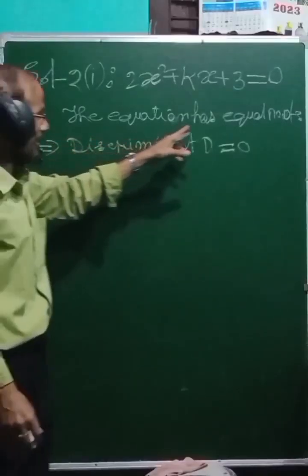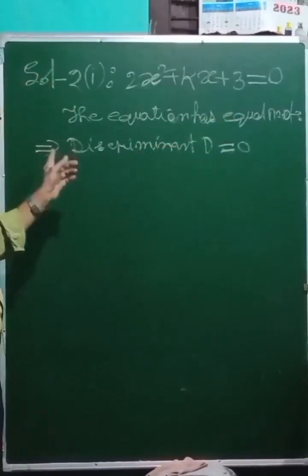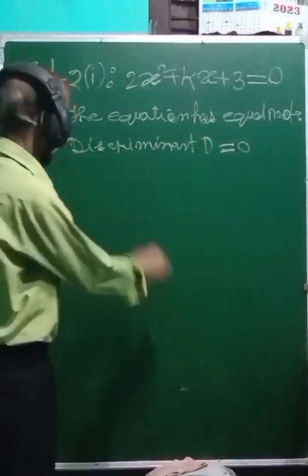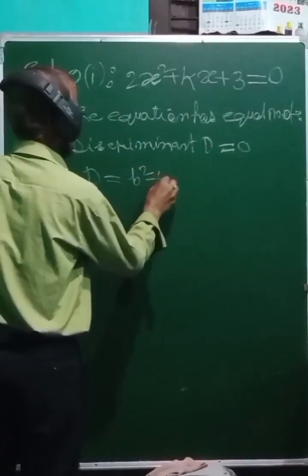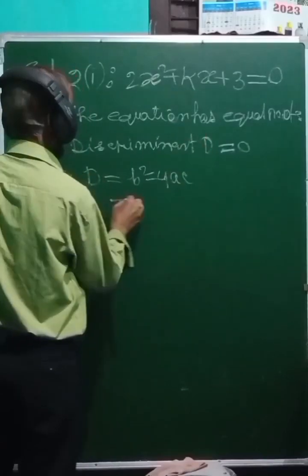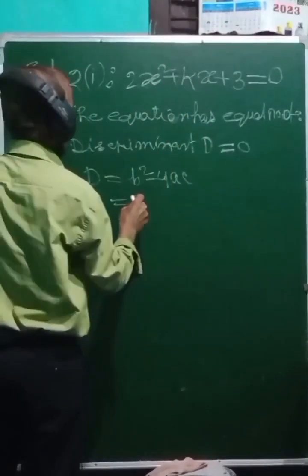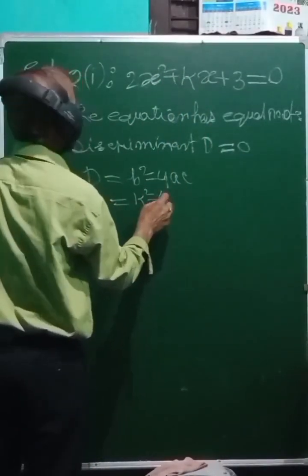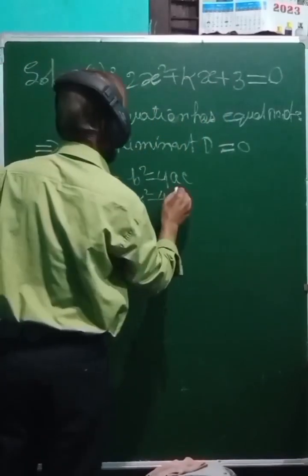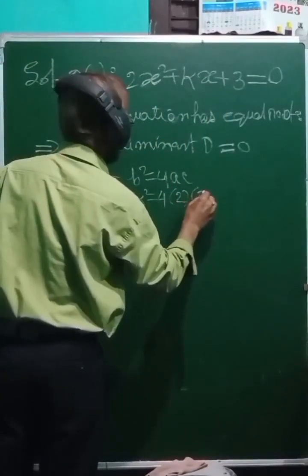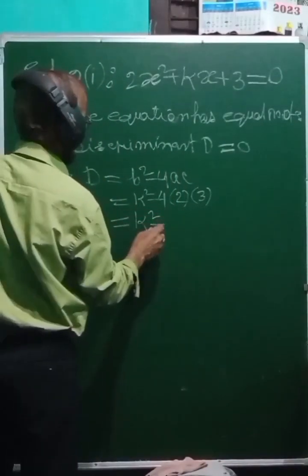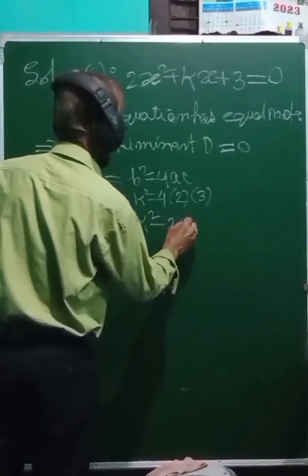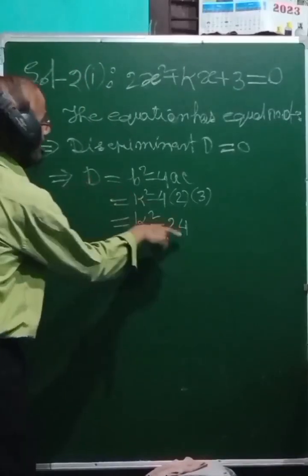The equation has equal roots, which implies the discriminant D = 0. So D = b² − 4ac = k² − 4 × 2 × 3 = k² − 24, and this is equal to 0.